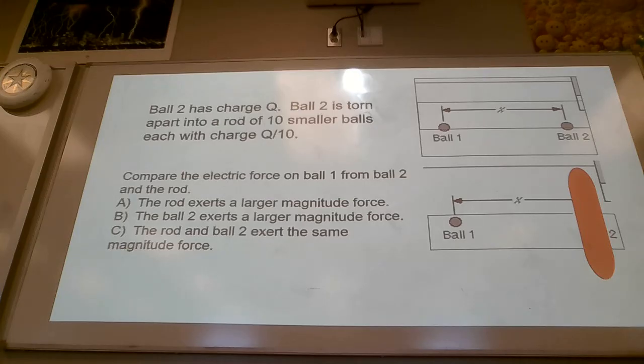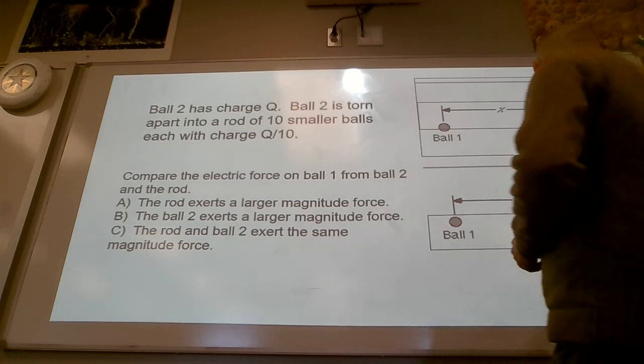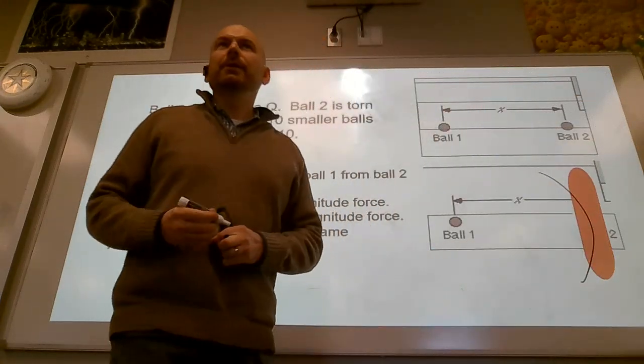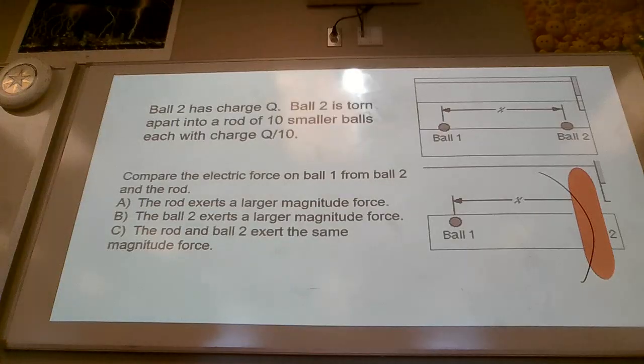Okay. Check this out. If we smeared it like this, so it is all equidistant from ball 1, then they'd be equal. Does that make sense?